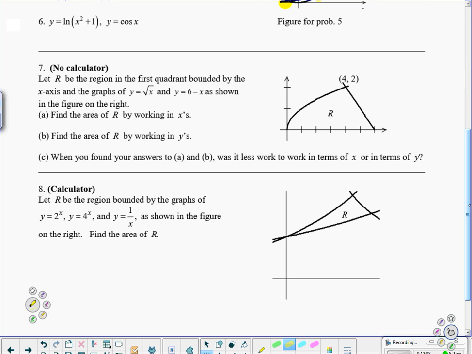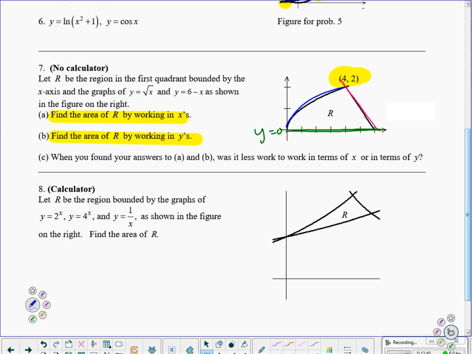No calculator for this region R, but look, they give you the intersection points, so that should be pretty easy. Finding area R. They want us to work in 2 different modes here, working with x's and working with y's. So if I'm working with x's on this number 7, here's the first curve, here's my other curve. And because it's top minus bottom, I could think of y equals 0 as a curve.